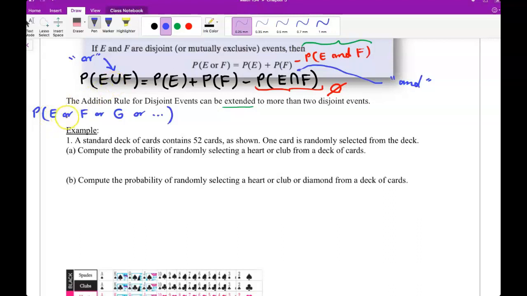We can write E union F union G is equal to probability of each one, writing each one individually, and we should add. So when you have or in between, it means that you should add the probability of each event, and so on.